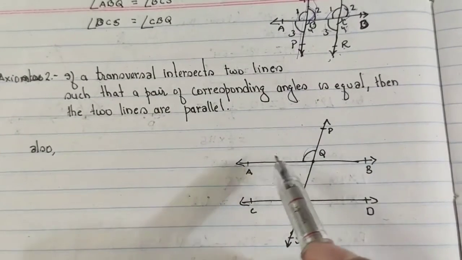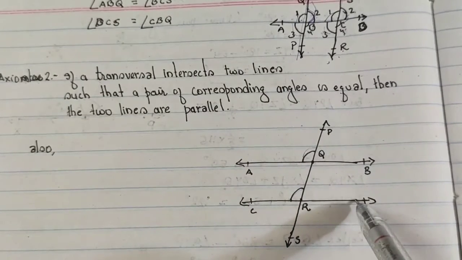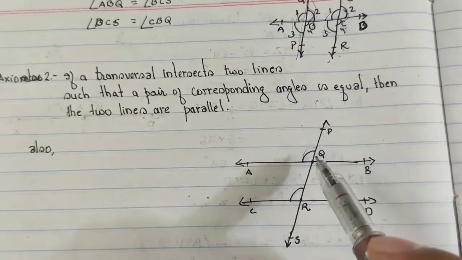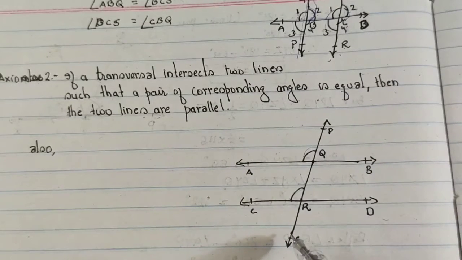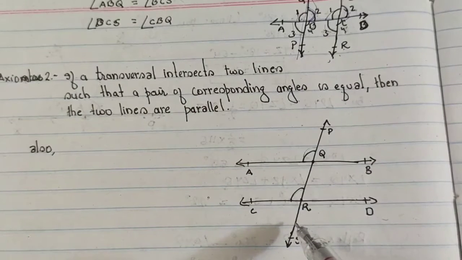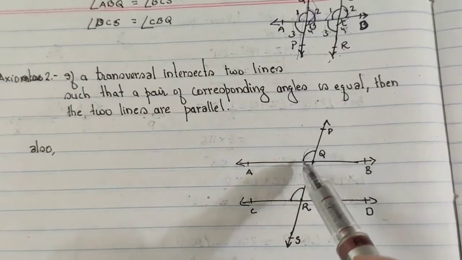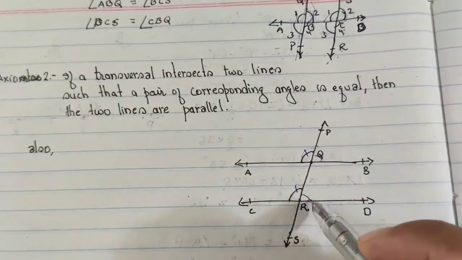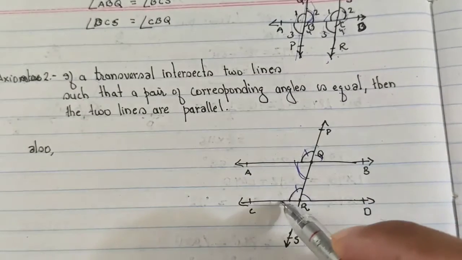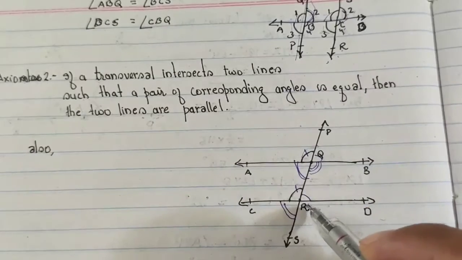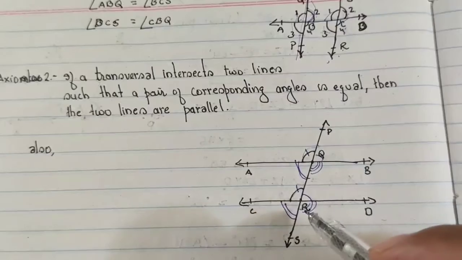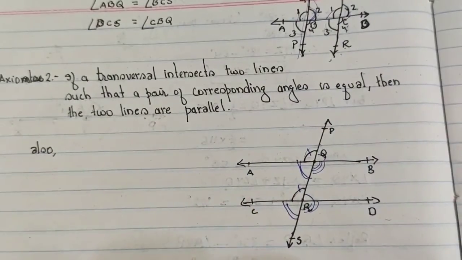Suppose you are given any two lines, not mentioned as parallel, and your transversal is intersecting them in such a way that your corresponding angles, this one, this one, this one, and this one are equal. If your corresponding angles are equal, then the two lines are parallel.